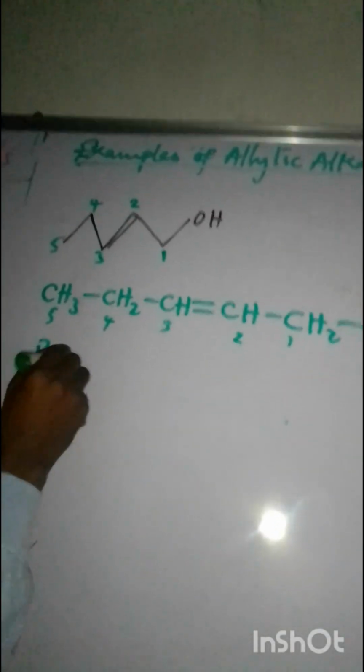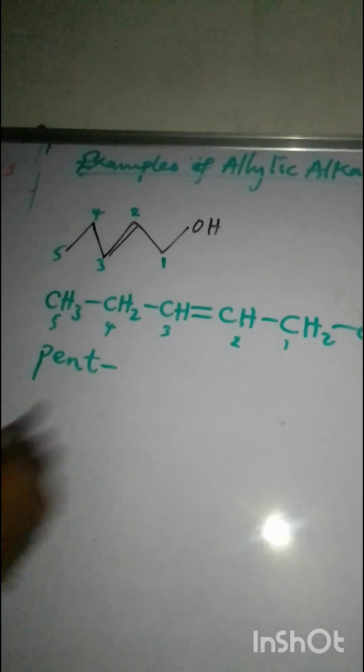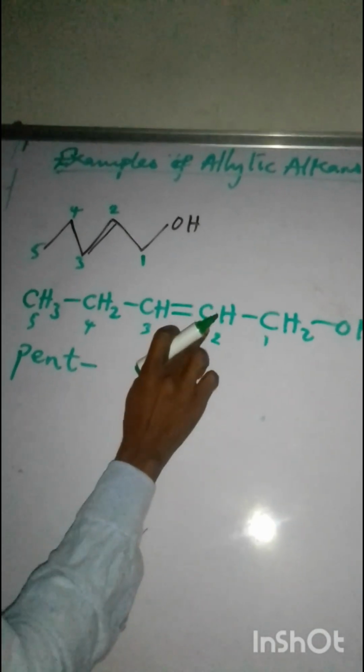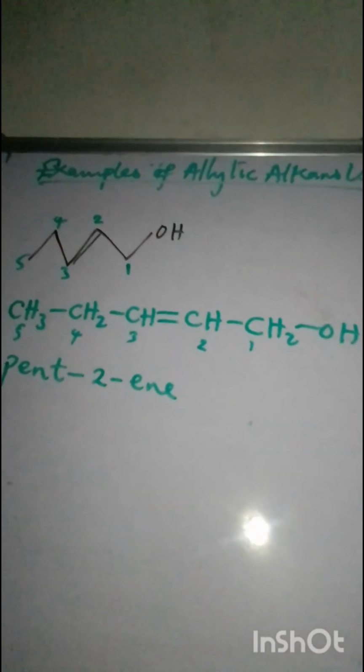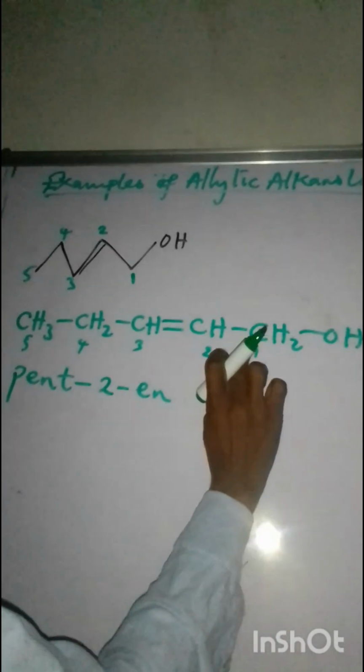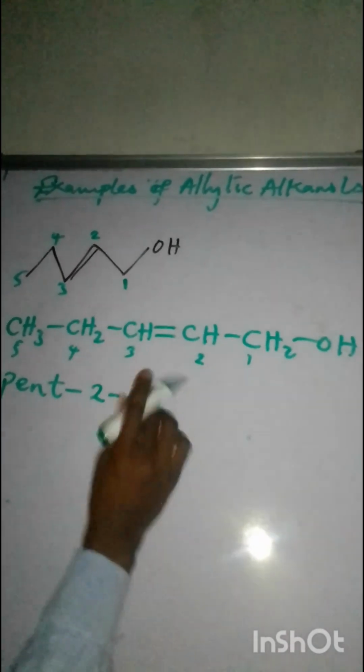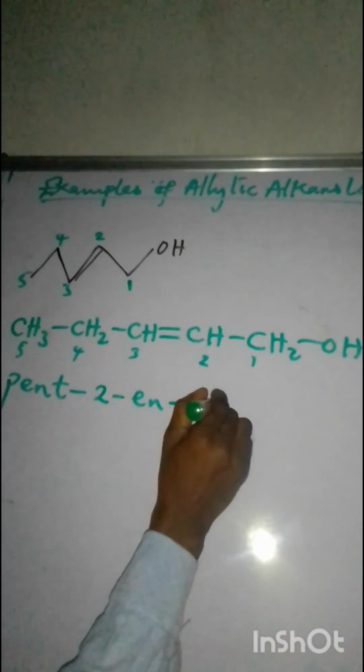Because the carbon atoms are 5, you say pent. At the second carbon, we have a double bond, so it's pent-2-ene. But this is not an alkene fully because it has OH. It's an alkanol. So you remove the E and look for the OH. The carbon it is bonded to is the first carbon. So this becomes pent-2-en-1-ol.